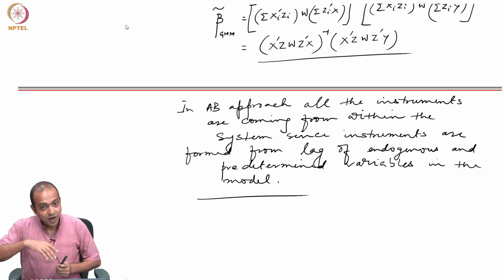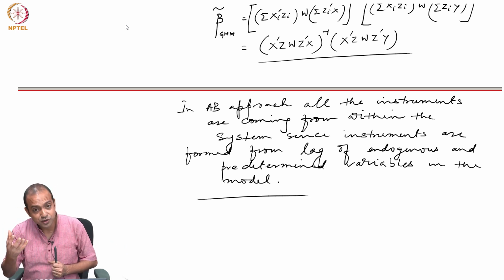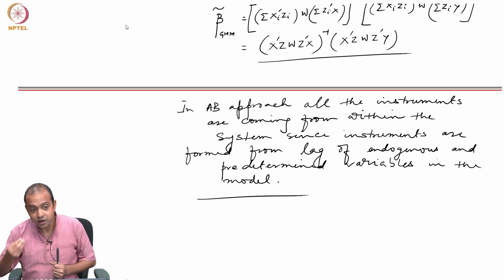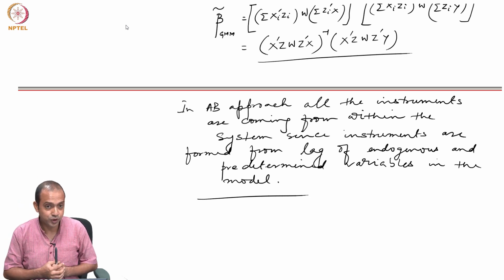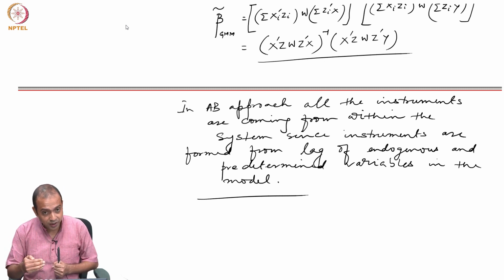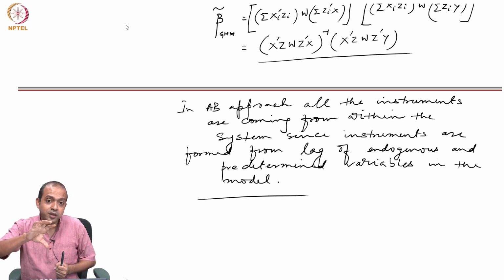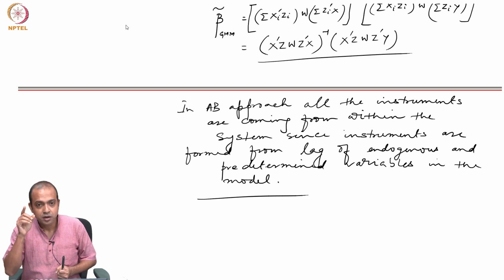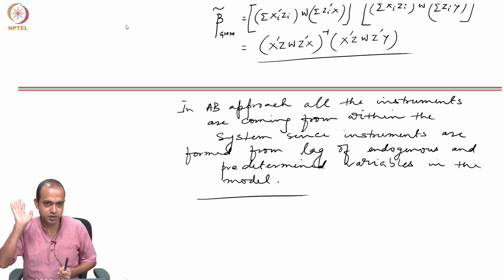Unlike the other case when the instruments were coming from outside the system, where satisfying the condition that the instruments are related with the endogenous variable but not with the error term is a challenge. Here at least we can ensure that they are highly correlated, but they are too many in number, and then we need to satisfy the over-identifying restrictions for each of these instruments.